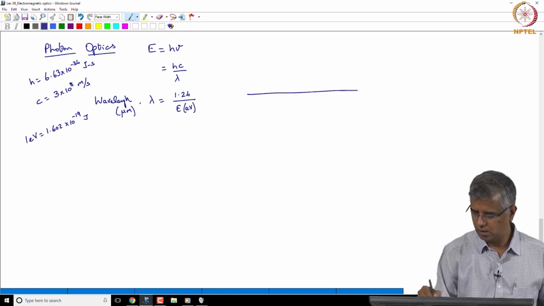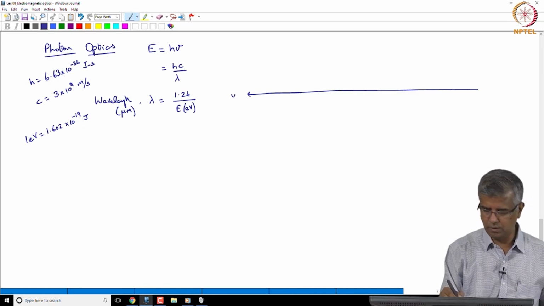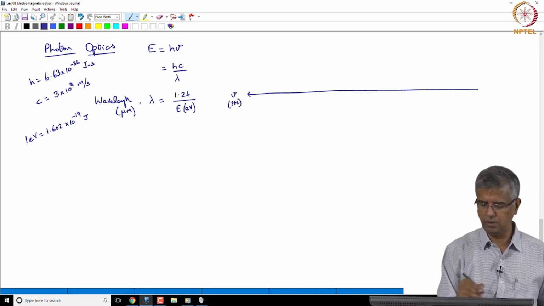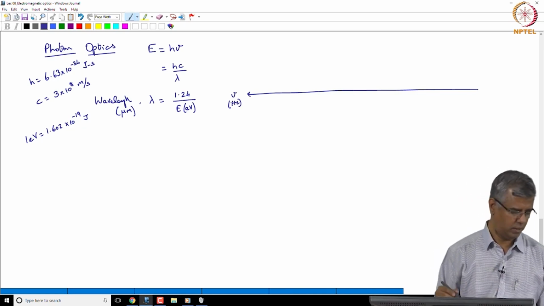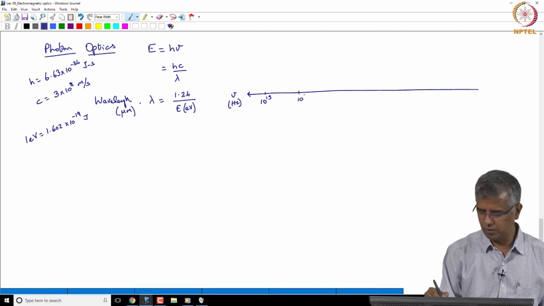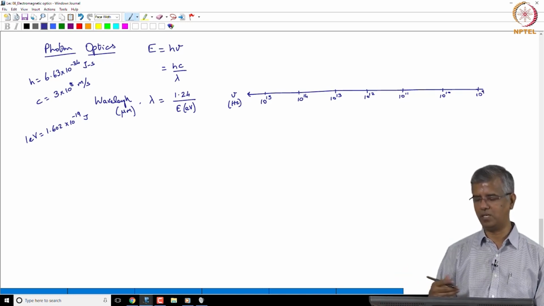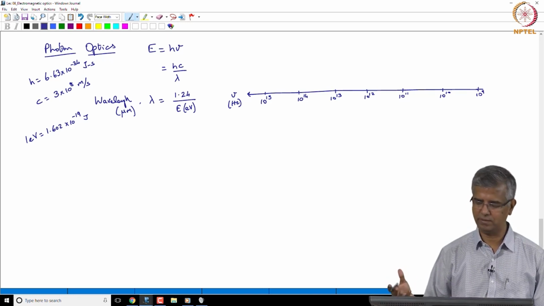what these correspond to. Let's say this is nu, it's frequency in hertz. So, we are going from 10 power 15 to 10 power 14, 10 power 13, 10 power 12, 10 power 11, 10 power 10, 10 power 9. 10 power 9 is what we typically deal with, right?